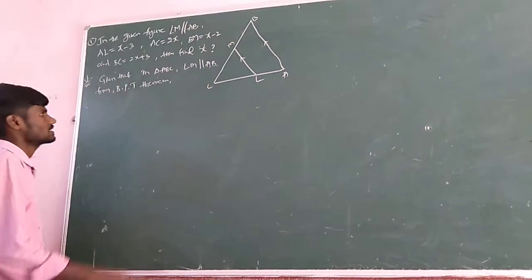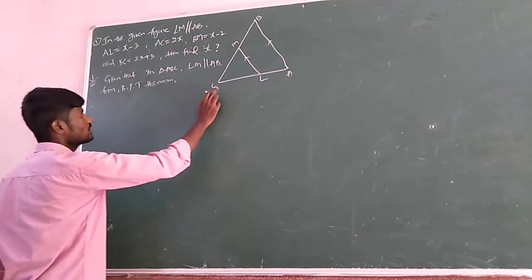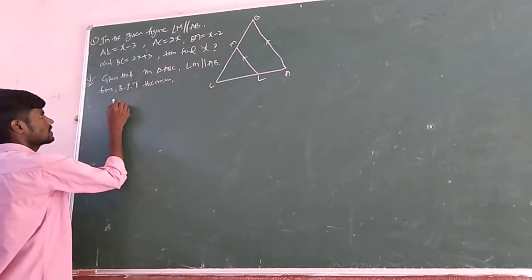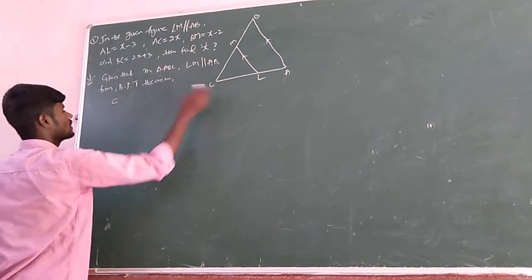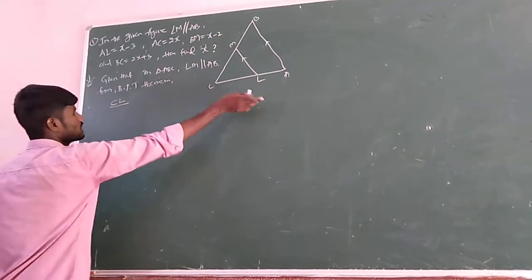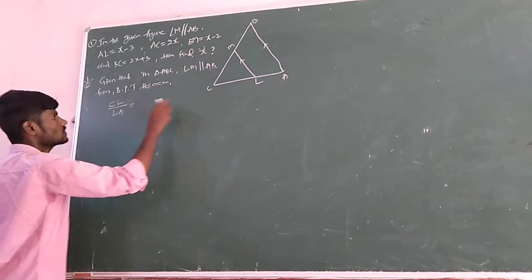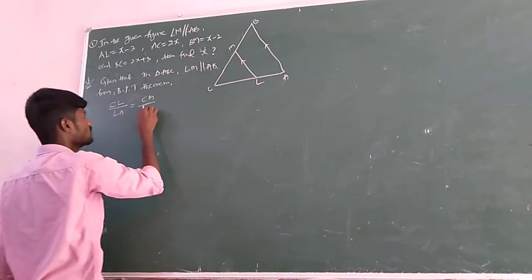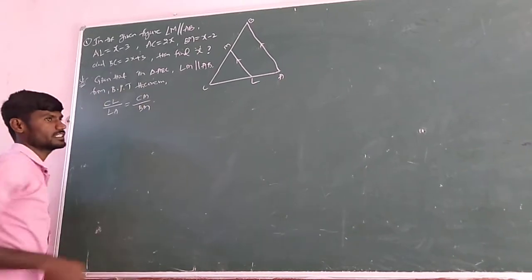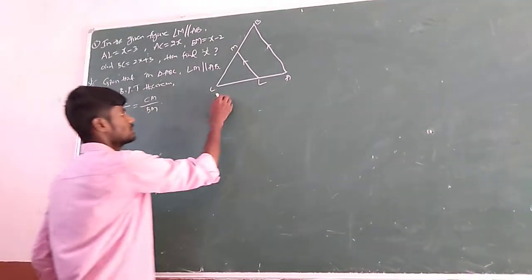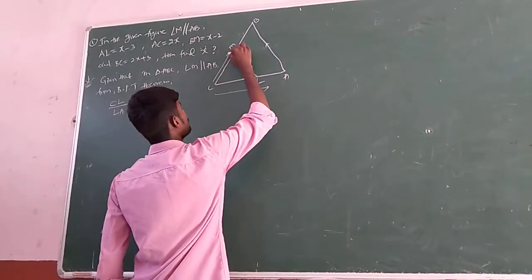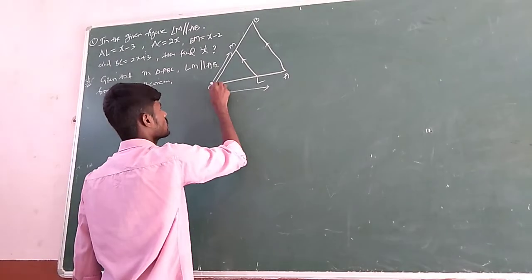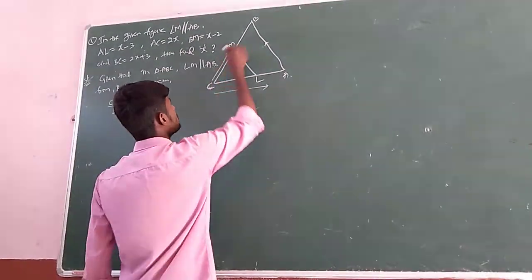What is that ratio? Let us write here, starting from vertex C. CL divided by LA is equal to, same from C, CM divided by MB. Means from C only we have to start: CL by LA, CM by MB.